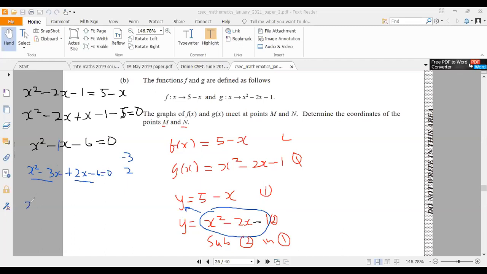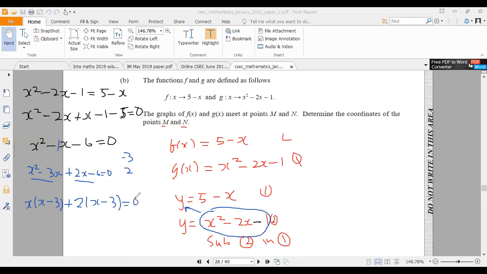So I'm going to bring the x here. I'll let it x minus 3. Right, plus 2, plus 2 times x minus 3. Plus 2, open bracket, x minus 3, is equal to 0.